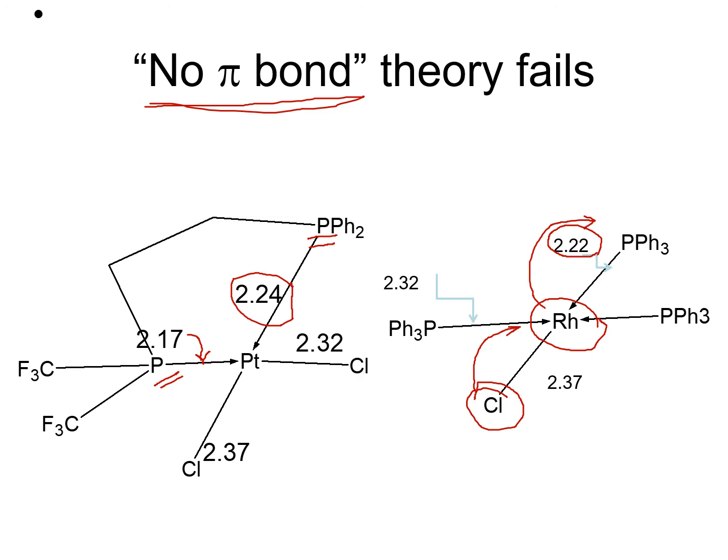On the other hand, when two PPh3s are trans to each other, as in the case of the phosphines encircled in blue, which do not have a pi donor on the trans side, then the bond distance in fact is longer. Why? Because on both sides you have only pi acceptors.